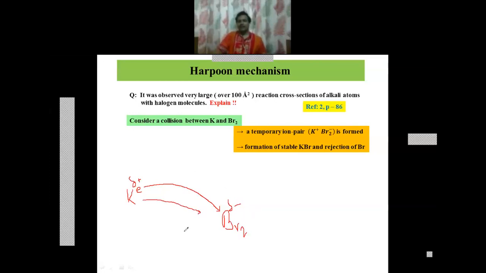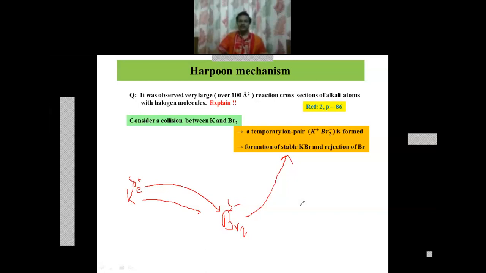And that is why the ion pair K plus Br minus is formed, right. After that it goes to KBr and Br, because it has enough energy that the Br bond breaks and the bromine atom is rejected, right.